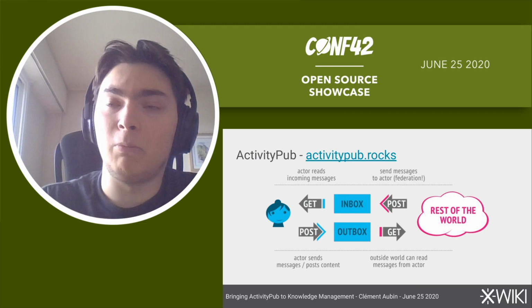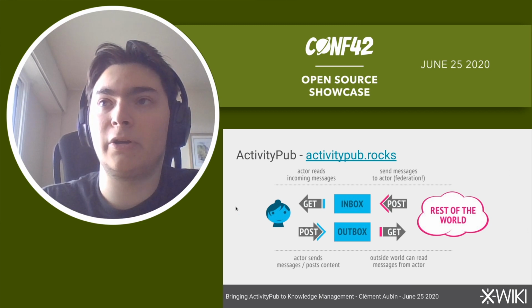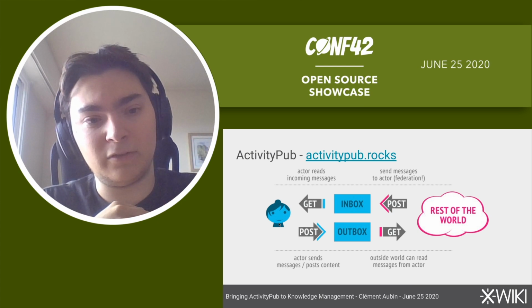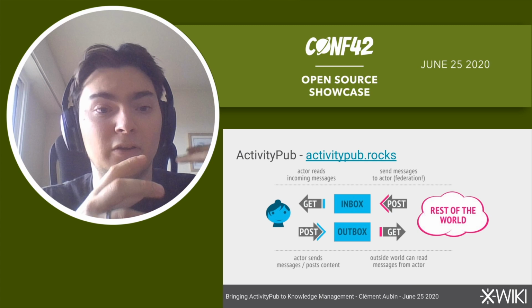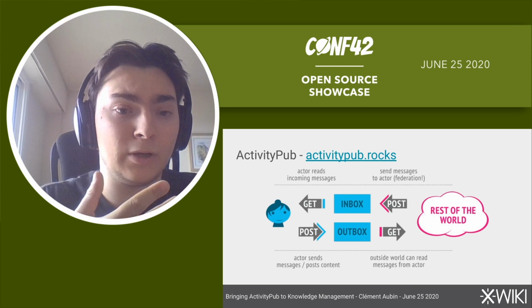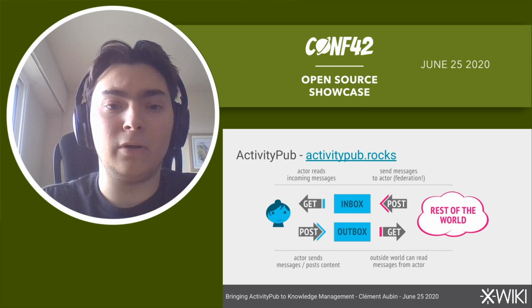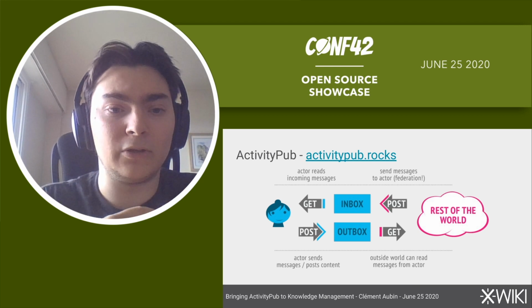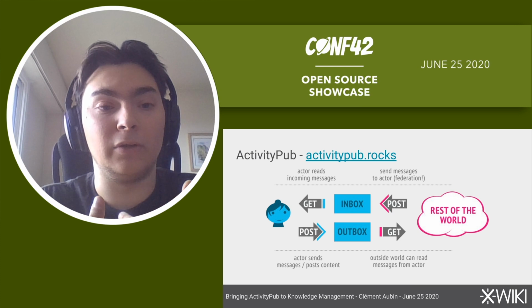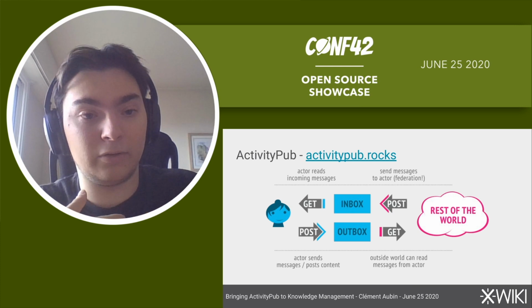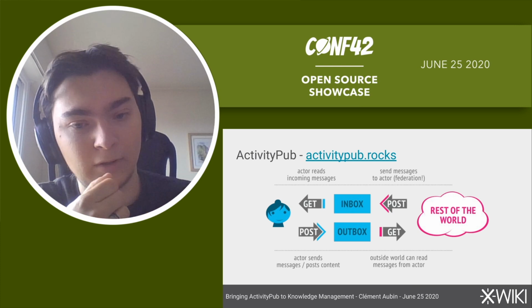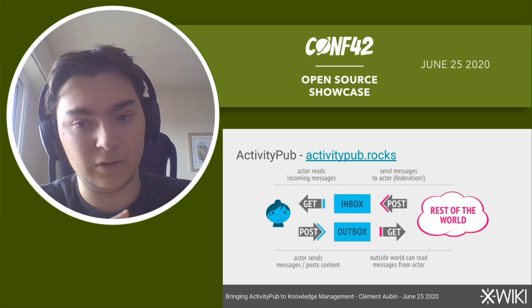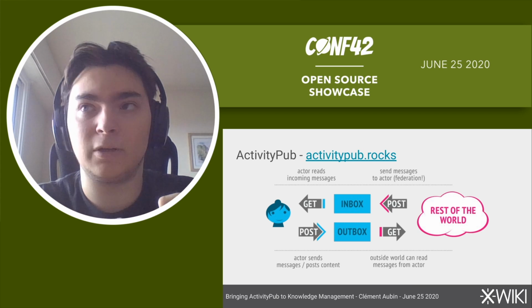You have multiple actors, which is the little girl here, that have the possibility to either send or receive messages, and you can send messages to basically anyone on a different instance, on a different software platform than the one that you are using. And if the software platform at the other end handles the message that you want to send, it will get delivered.